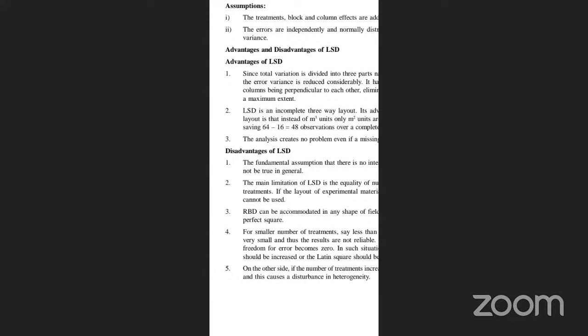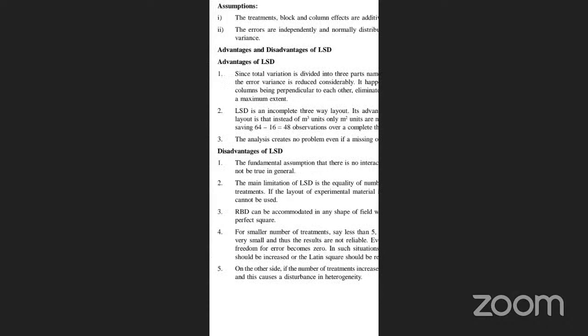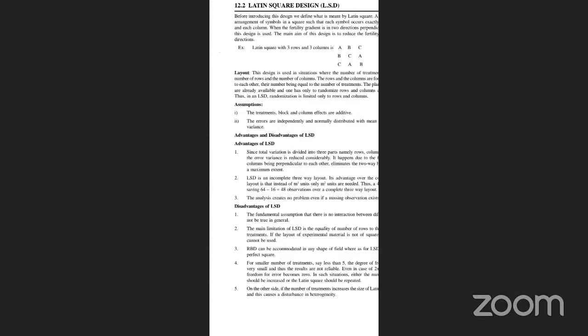On the other side, as the number of treatments increases, the size of the Latin square increases and the disturbance in heterogeneity increases. Analysis of LSD becomes very complicated if a complete row or complete column is missing. Analysis of RBD is quite easy in such situations.